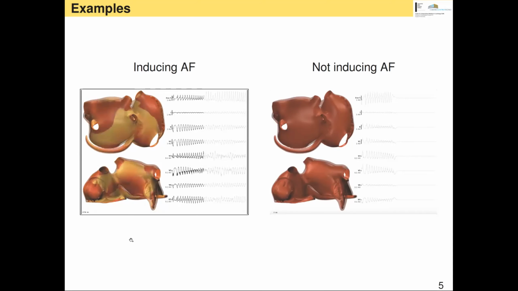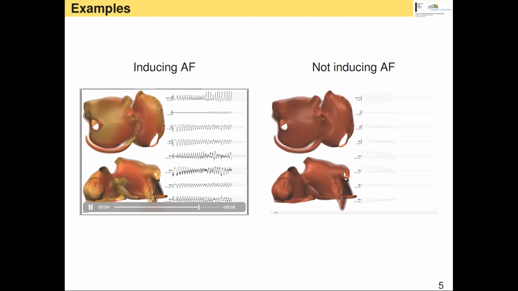Now the pacing protocol is over, and we see that the potential keeps propagating in a self-sustained way. And the potential will keep propagating this way until the end of this simulation.